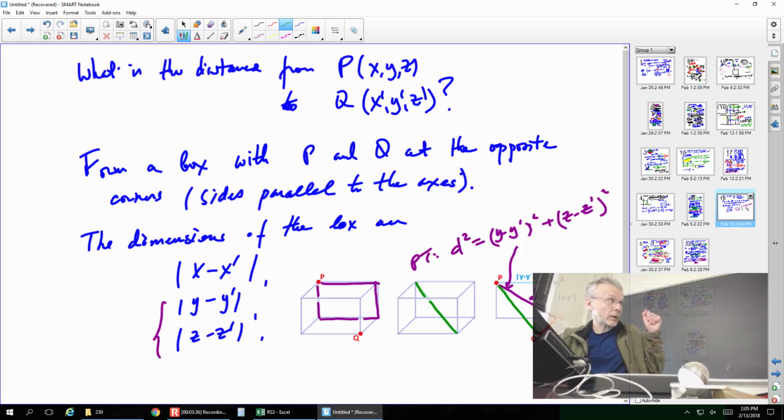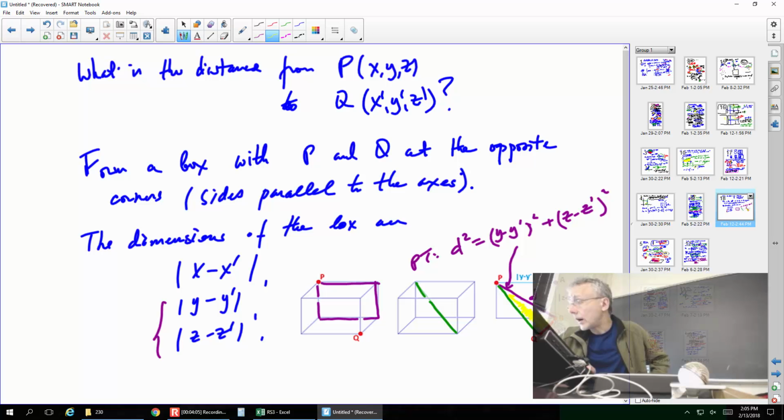Now, after some work and a single application of the Pythagorean theorem, we have our diagonal, and now we forget about everything else. So we forget about that face we just paid attention to, and we concentrate on that triangle over here. And what is that triangle doing for us? We know the side d, and we know the red side, which is simply the difference of the x-coordinates of the 2 points.